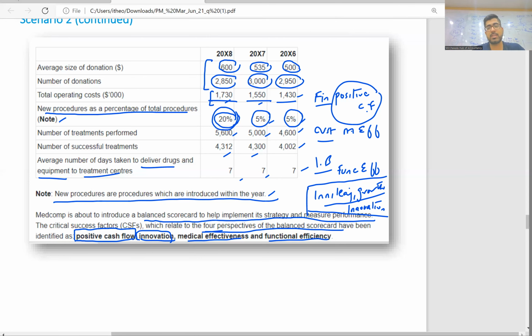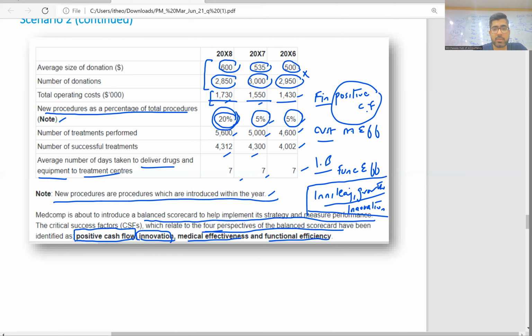The indicator to measure positive cash flow is inflows less outflows. And then analyze performance using this KPI. How will you assess financial? The indicator is inflow less outflow. So if you just calculate, the inflows in 2006 are 500, the average size of donation, multiplied by donations 2950, giving 1475, less the cost 1430.